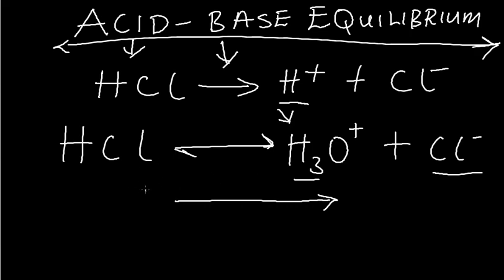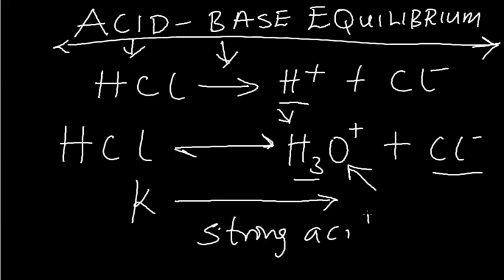When the equilibrium constant favors the forward reaction, that leads to more production of hydronium ion, which tells you such an acid is a strong acid. Why? Because there's more production of hydronium ion, which represents the hydrogen ion. So the higher the concentration of hydronium ion, the stronger that acid is. I hope that is well understood.